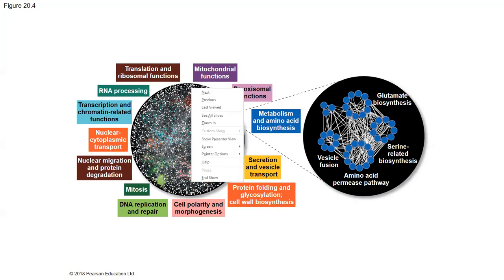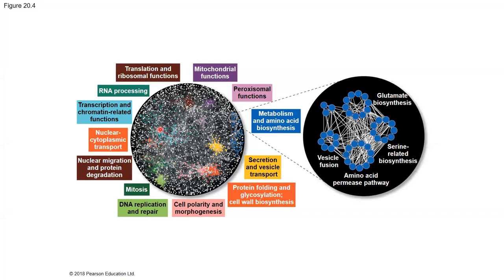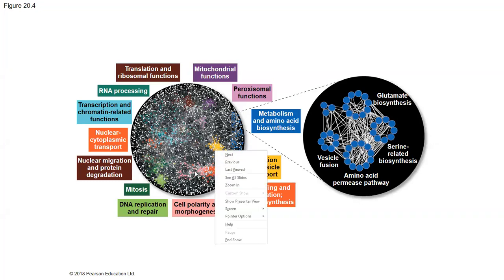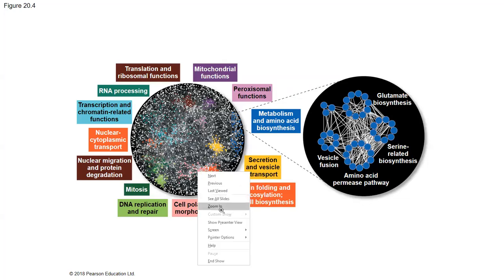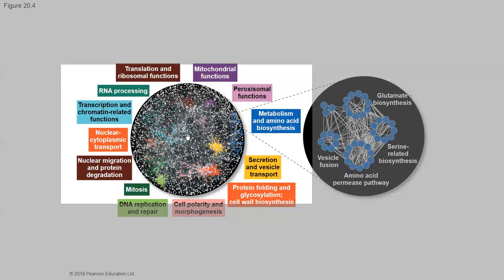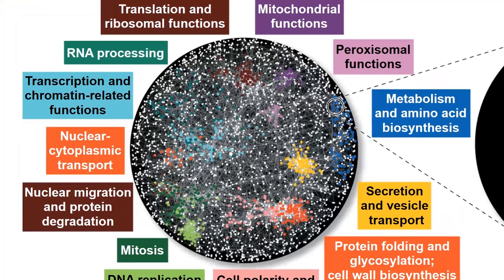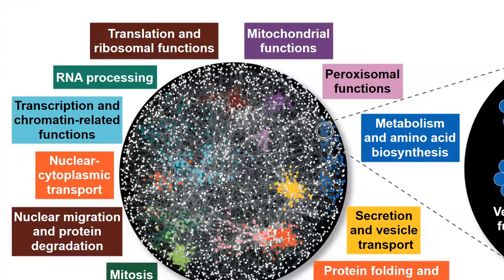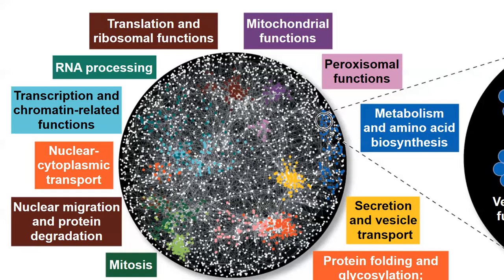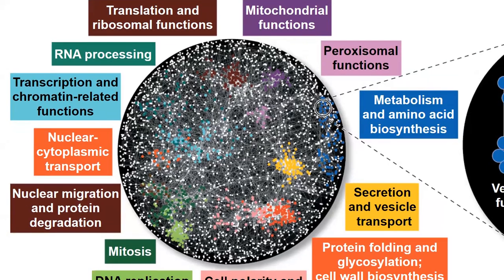Okay, so these genes are color coded. Let me zoom in. As you can see here, each dot, whether it's white or colored, represents a gene, and these colored genes are involved in similar functions.